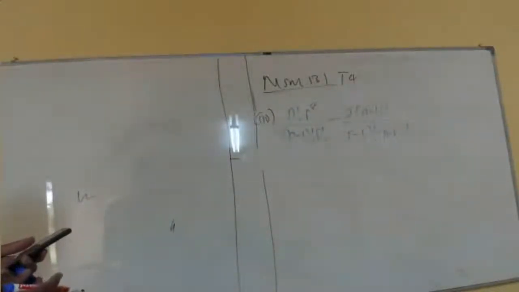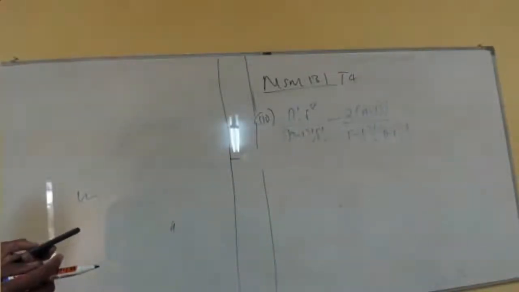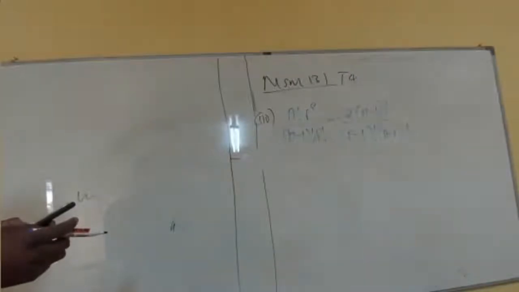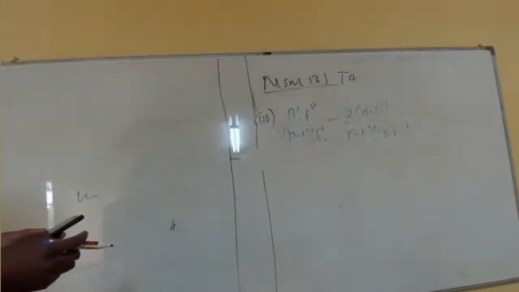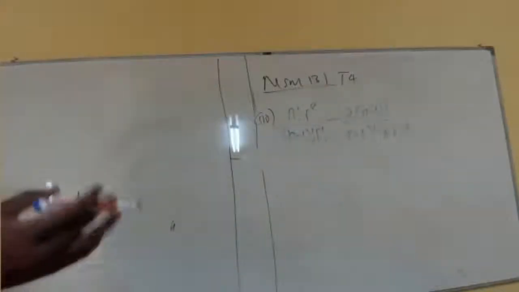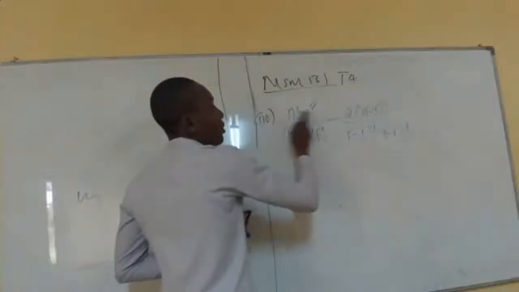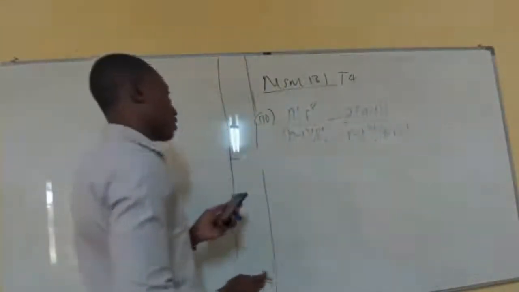First things first, we are going to check what is common, then from there we'll know what we can easily factor out. If you look at that, you notice that you have n minus 1 factorial in the second part of the numerator, so this one can be written as n minus 1 factorial.